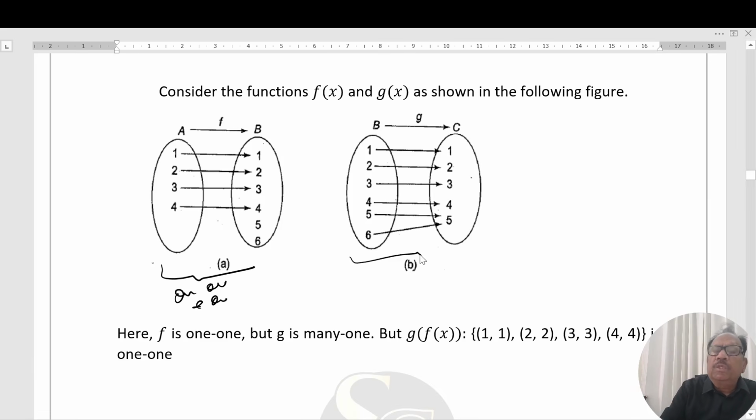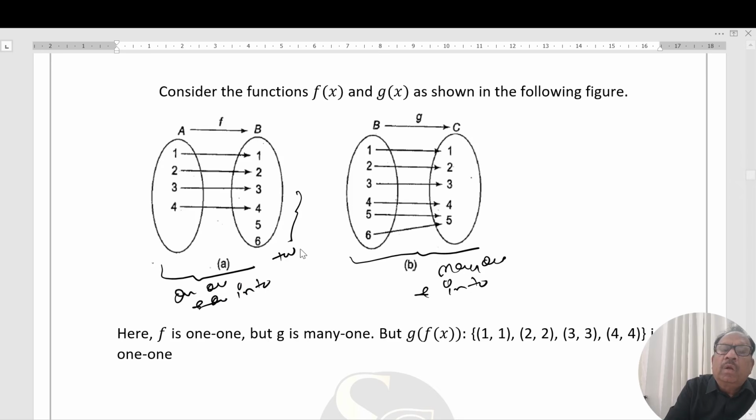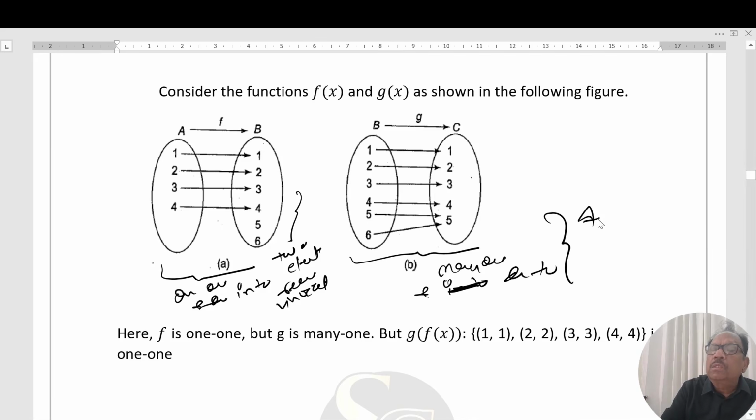And this function is many-1 and into, as two elements remain unoccupied. This one is onto, as all elements are occupied.